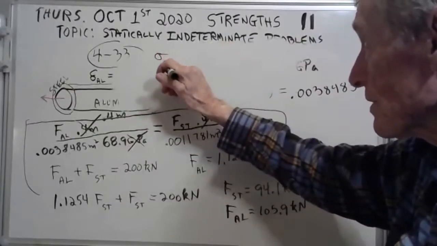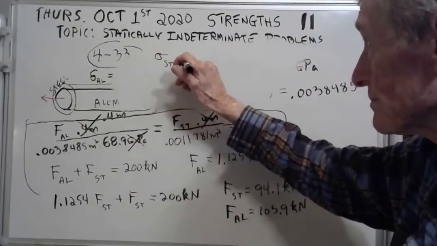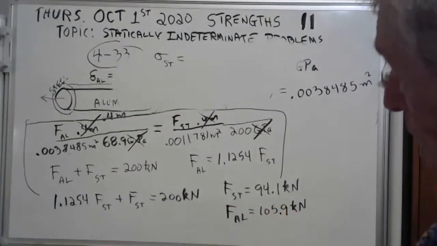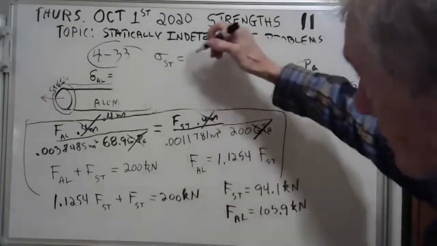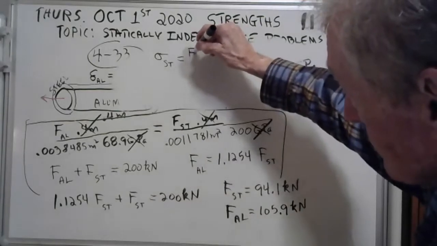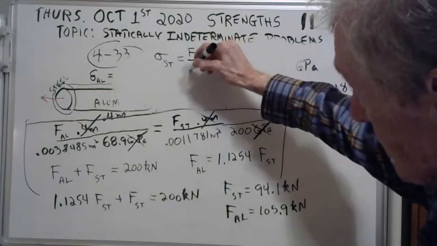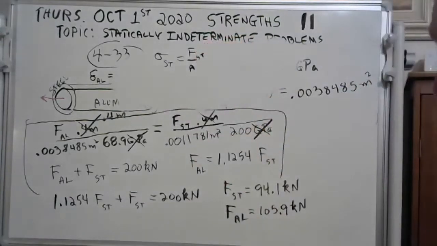Well, the stress in the steel, that's going to be the force of the steel divided by the area. That's how you get stress. You take the force of the steel and you divide by the area of the steel. Uh-oh, did I erase it? No, I didn't. It's right there.